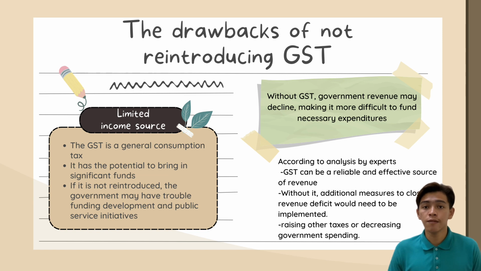According to the evidence, the absence of GST might result in a decrease in government revenue, impacting the ability to meet expenditure requirements. And according to the expert analysis, GST can be an efficient and stable source of revenue for the government. Without it, alternative measures will need to be implemented to fill the revenue gap.